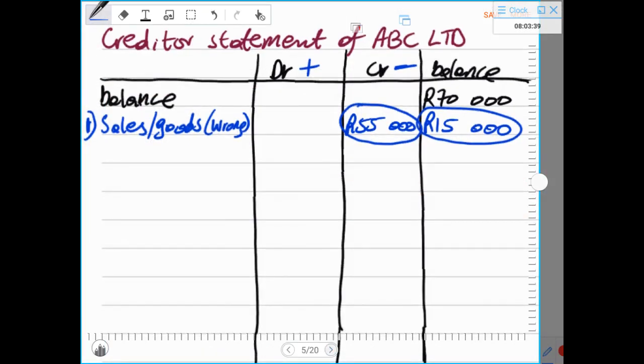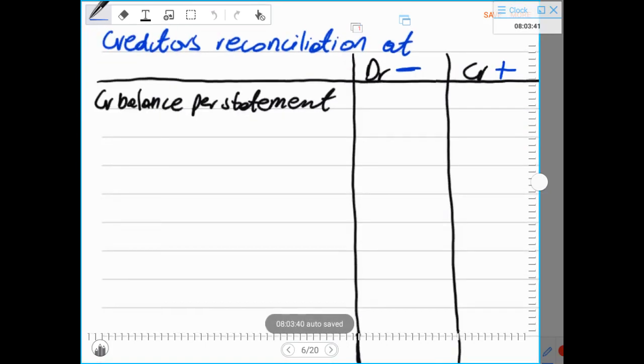So now let us go to our creditors reconciliation and say purchases corrected. In this case, we are correcting the purchase. Remember, there are two things that we'll have to take into account.